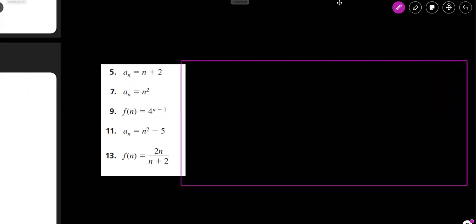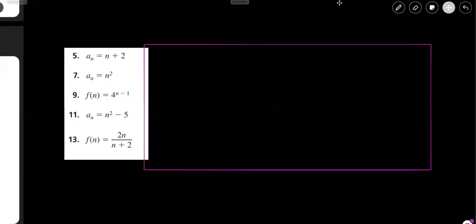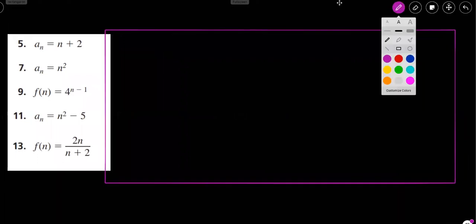So if I've got these sequences here, these are from the book.